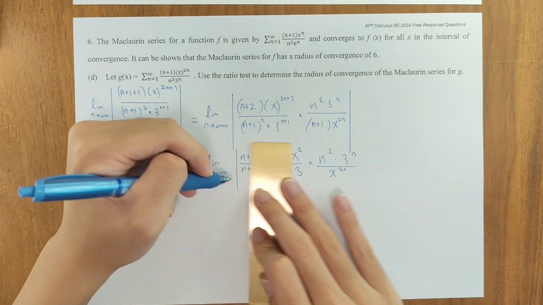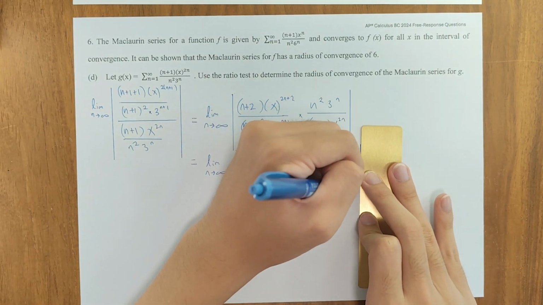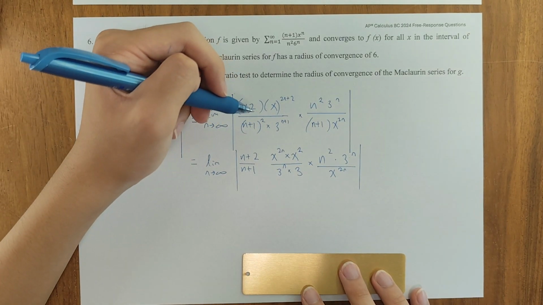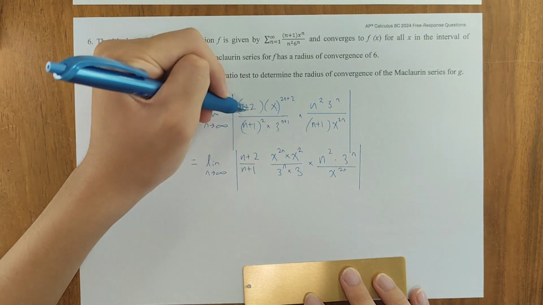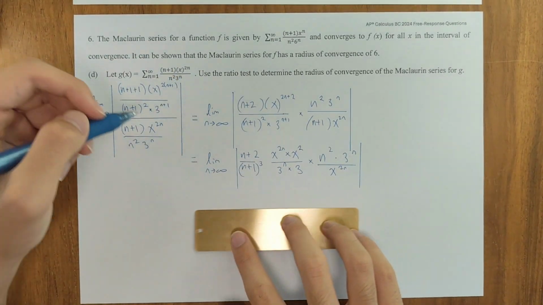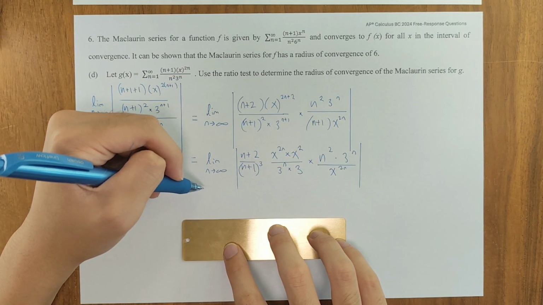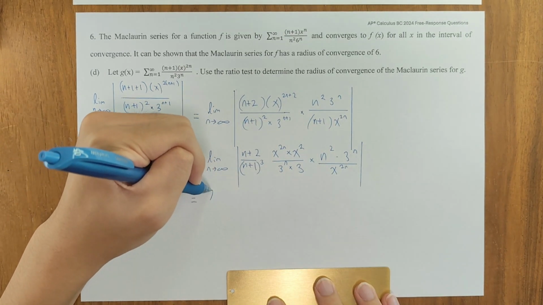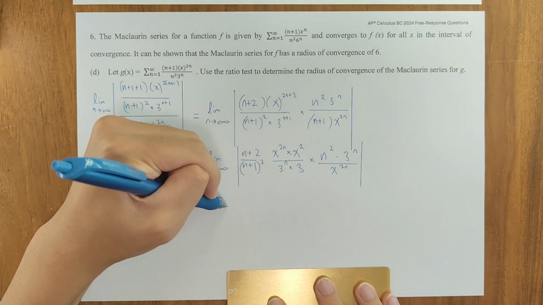In absolute value. Oh, there's a square, so this becomes the third power. Now let's rewrite this.